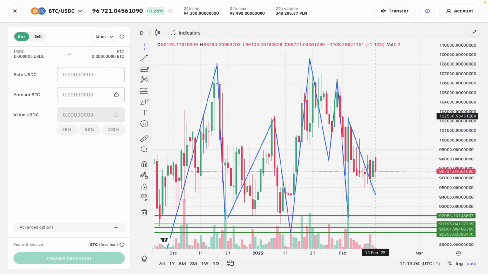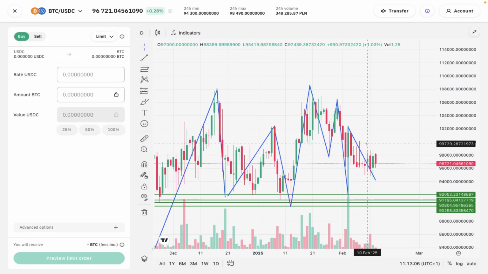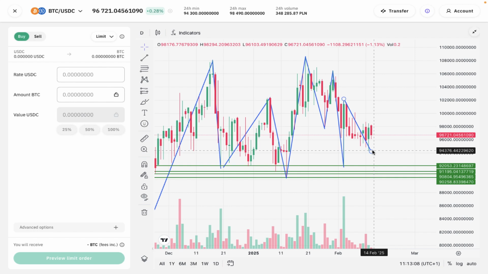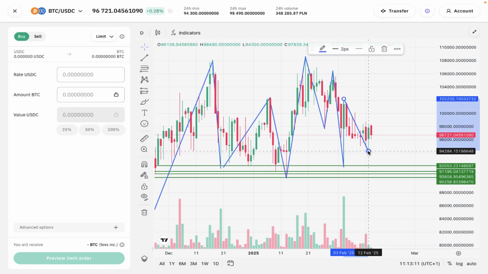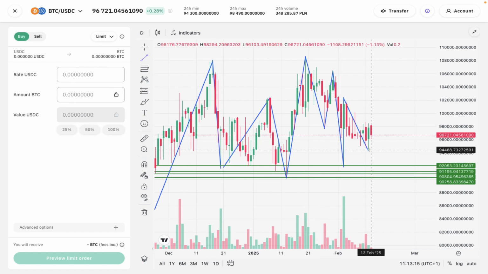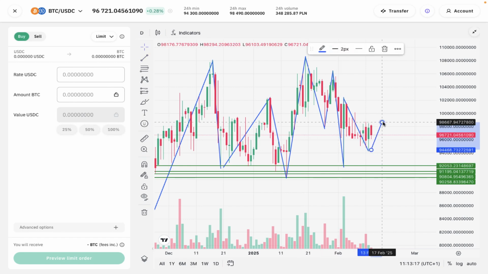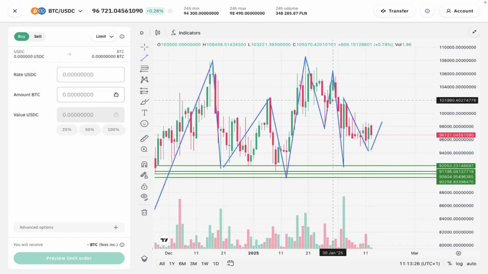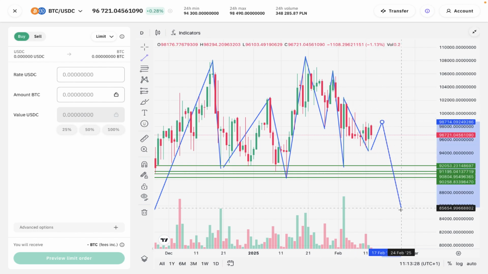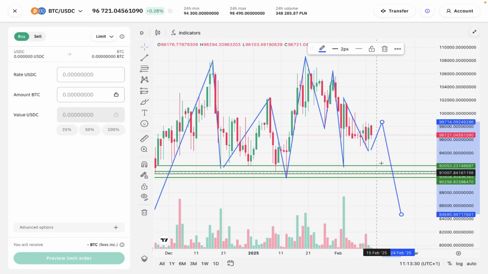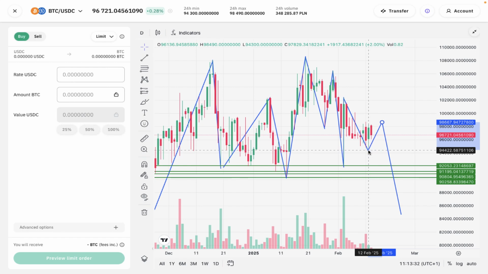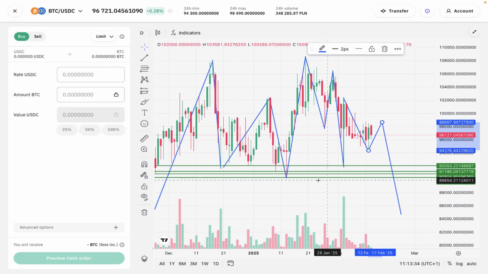So how it looks according to the Wyckoff, if this is the distribution pattern, how it's supposed to look like. After this low here, let's say at this 94,248, we should see some sort of test of the recent swing high. Even it can be this one, 102,313, but we shouldn't go above it, and then we should have the breakout below the demand zone, basically below these lows here.